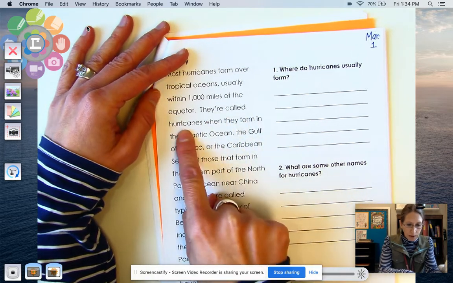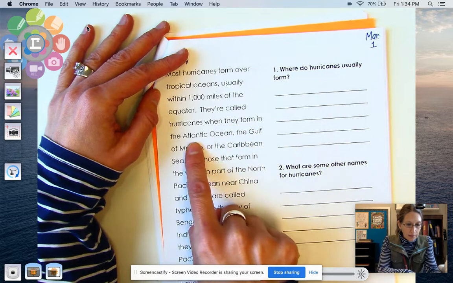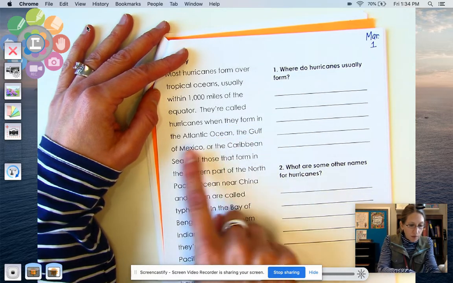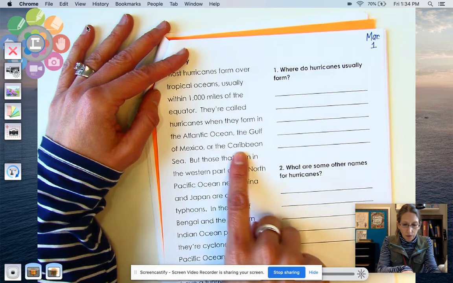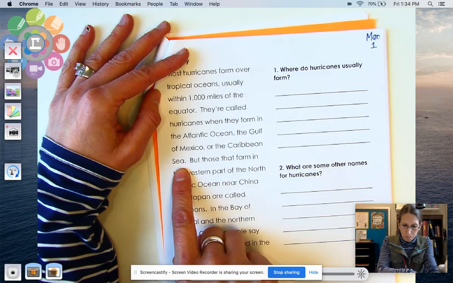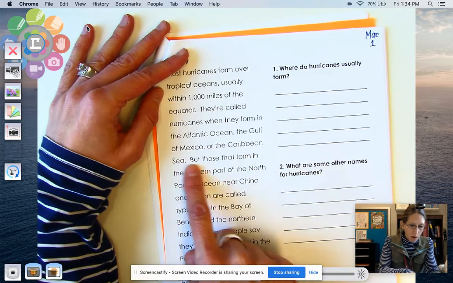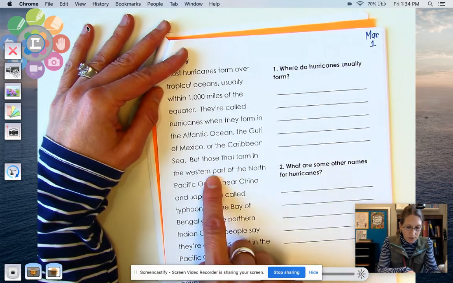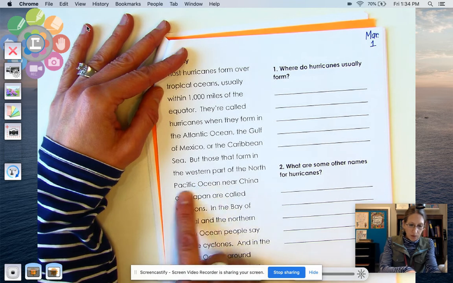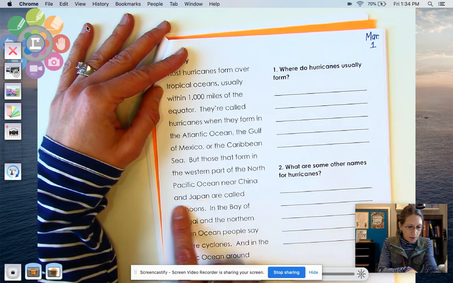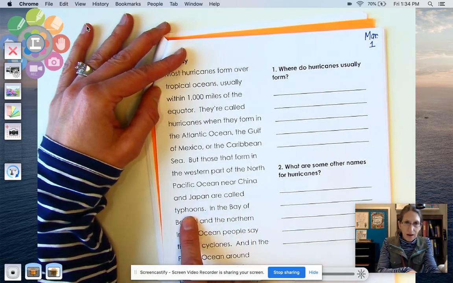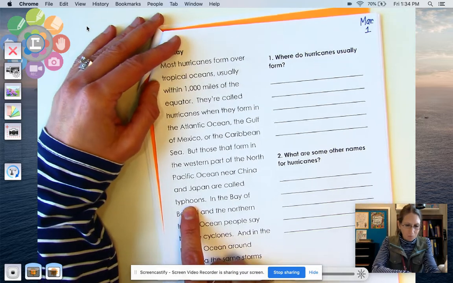They're called hurricanes when they form in the Atlantic Ocean, the Gulf of Mexico, or the Caribbean Sea. You could say Caribbean or Caribbean Sea. But those that form in the western part of the North Pacific Ocean near China and Japan are called typhoons.